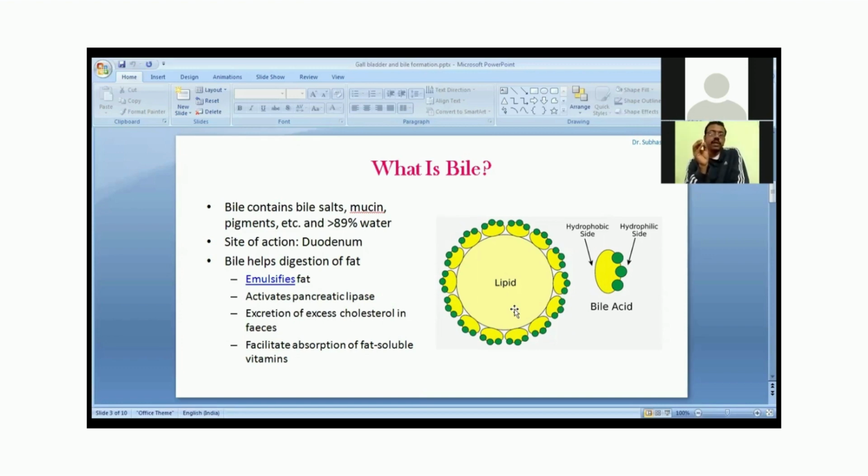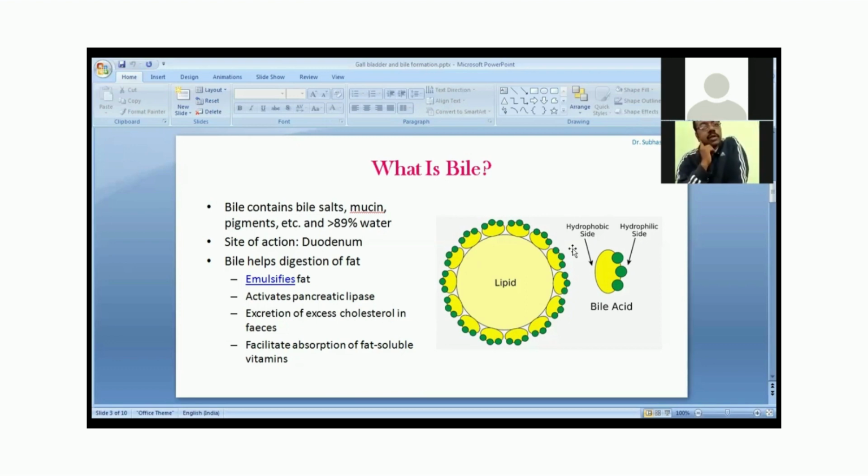One is hydrophilic part, which means water loving part, and another is hydrophobic part, which is oil loving part. So the hydrophobic part remains inside, facing the lipid, and the hydrophilic part remains outside, facing the watery, aqueous content of chyme inside stomach.